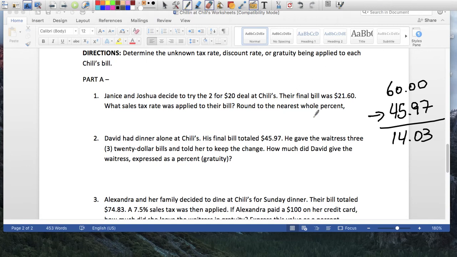And we need to find the percent. So the percent again is, the new was 60, the original was 45.97.